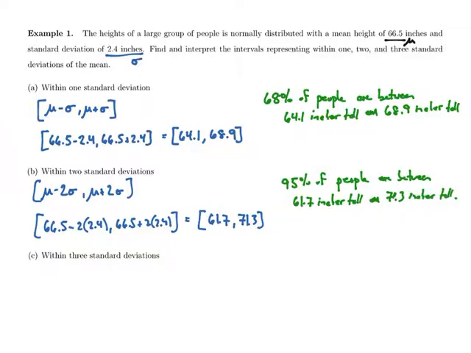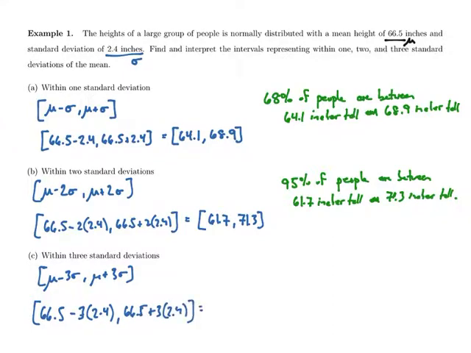And finally, we can do 3 standard deviations, mu minus 3 sigma to mu plus 3 sigma. That's 66.5 minus 3 times 2.4 to 66.5 plus 3 times 2.4, which is going to give us 59.3 and 73.7.